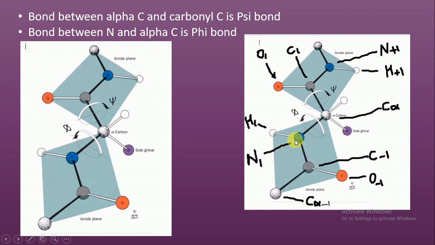A cis position means if they lie in the same orientation, that is, if hydrogen is also bonded on the same side, then this is called cis position. But cis position is not possible in this peptide bond, because the trans position of hydrogen and oxygen is more stable than the cis position by 4 kilocalorie per mole of energy.